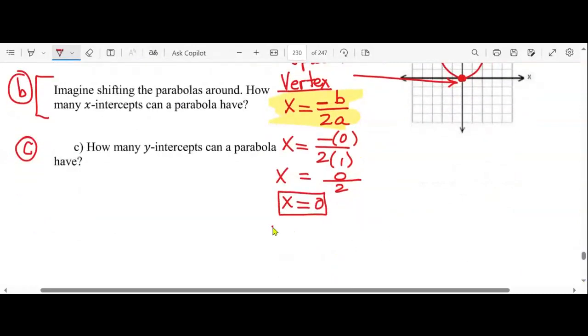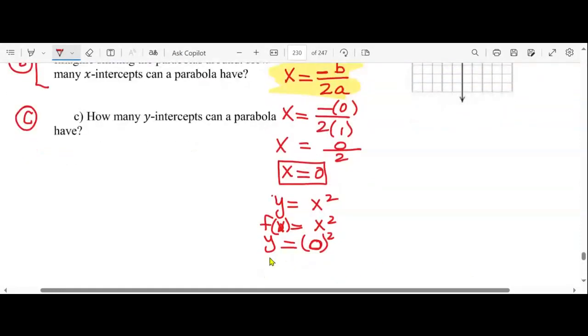Yes. The formula is y equals x squared, or sometimes they say f of x equals x squared. So now how much is x? 0, correct? So this would be 0 squared. How much is 0 squared? 0, right?